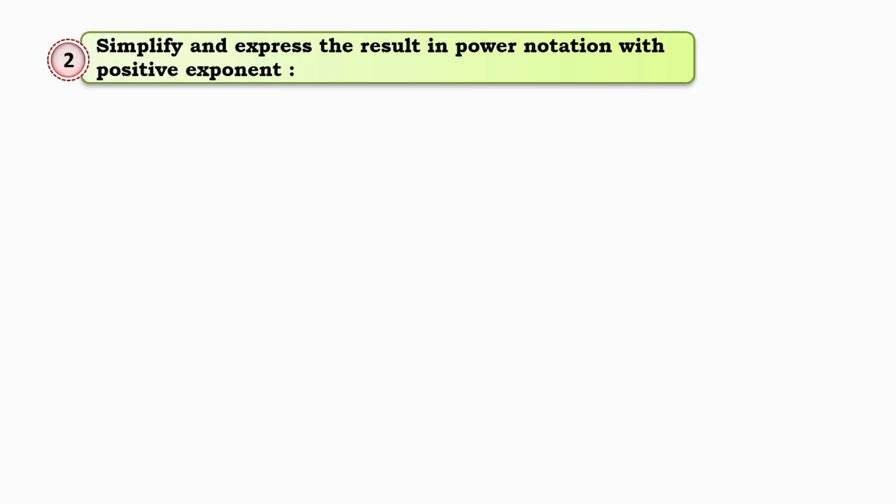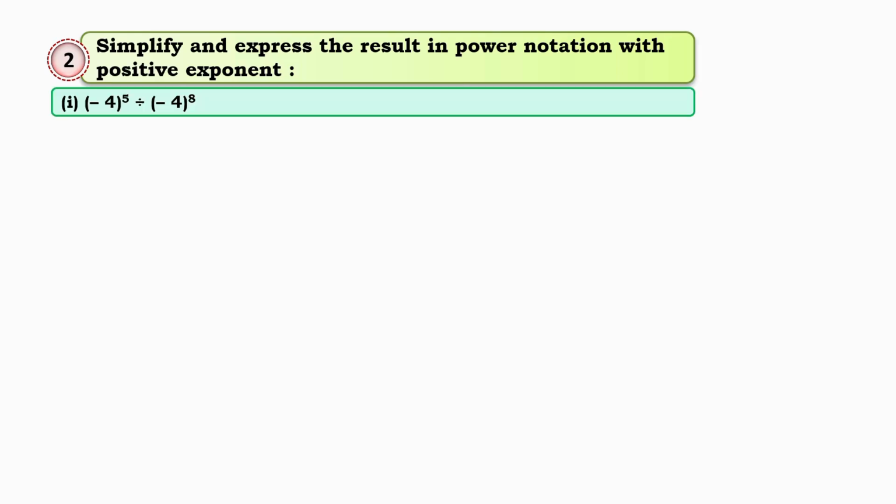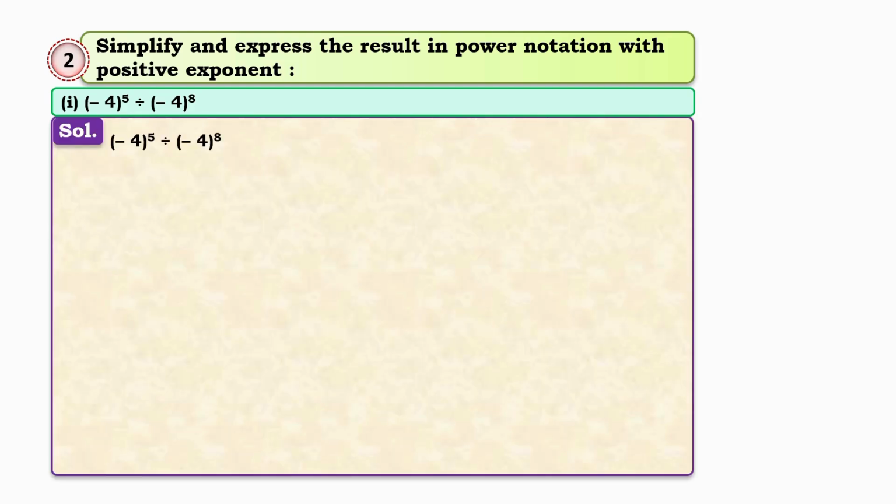Now let us take another type of problem. Simplify and express the result in power notation with positive exponent. Minus 4 to the power 5 divided by minus 4 to the power 8. So let us take a look at the problem step by step, how we are going to solve it. So here we are going to apply the law a to the power m divided by a to the power n equal to a to the power m minus n.